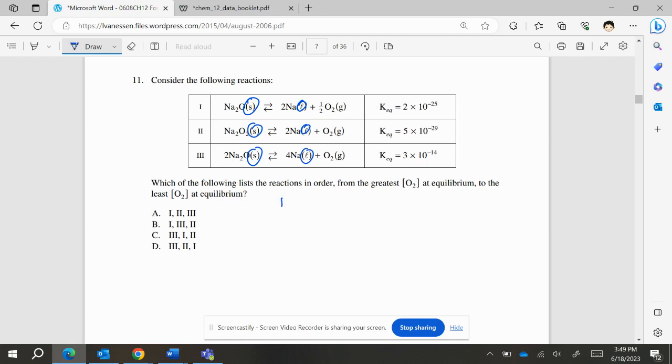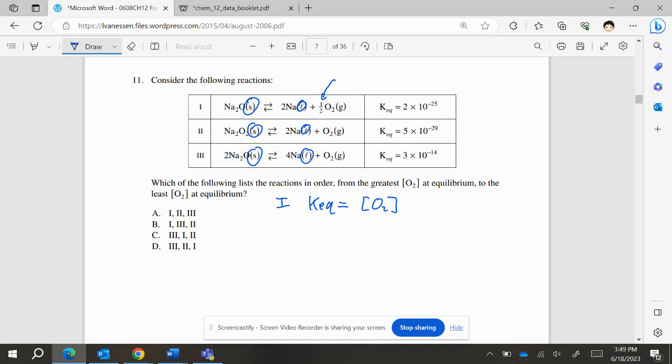So for reaction number 1, KEQ actually equals the concentration of oxygen. Now, you have to put the coefficient as an exponent. And even though we have a coefficient of 0.5 or a half, that still goes as an exponent.